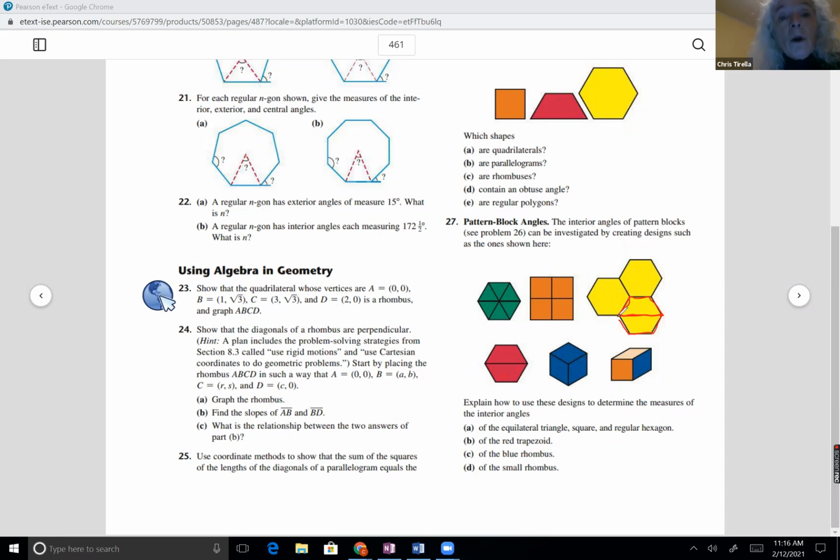And so wouldn't that tell me that this angle of my trapezoid would be equal to each angle of the hexagon? And wouldn't it tell me that this smaller angle of the trapezoid would be half of the angles of the hexagon?